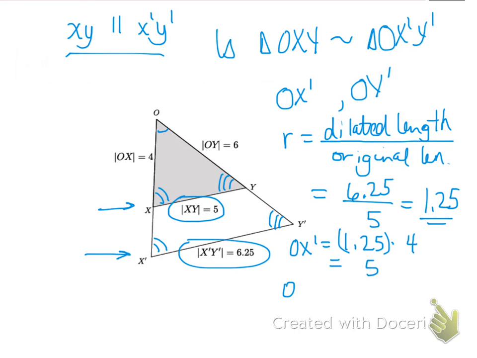And then OY prime is 1.25 times the length of OY, which is 6. And 6 times 1.25 is equal to 7.5 units. Okay, so we have found both lengths there using the ratios of the side lengths using what we know about scale factor.